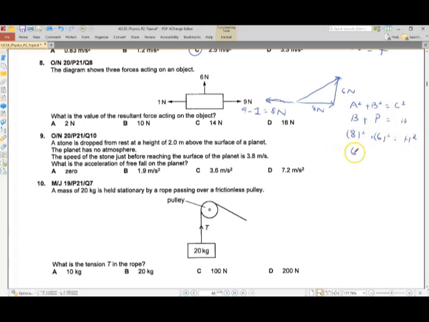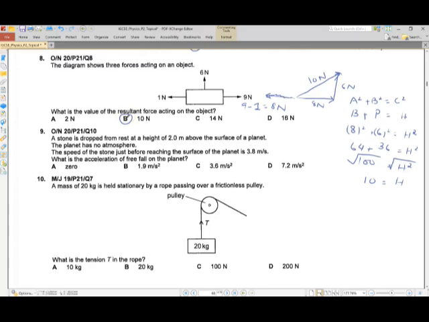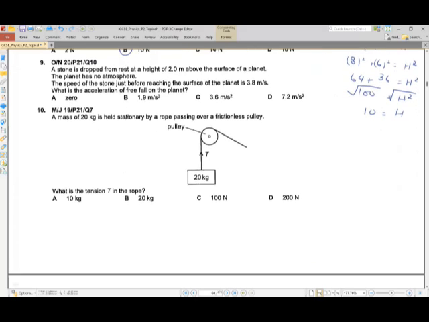So 64 plus 36 is going to give us 100. And as we need hypotenuse, not its square, so this is going to give us 10. So hypotenuse or resultant is 10 newtons, okay, which is the option B over here. Okay, so let's move to the next question.